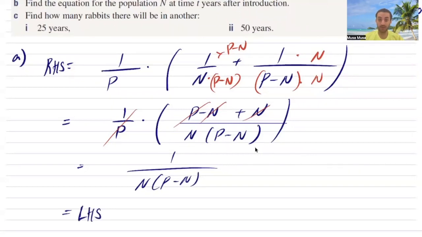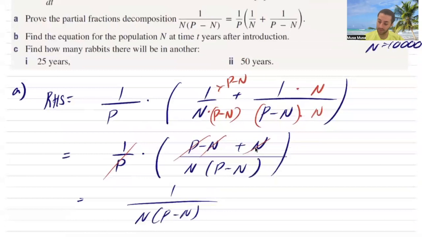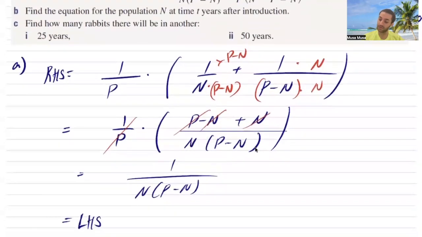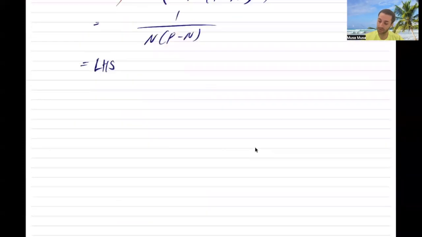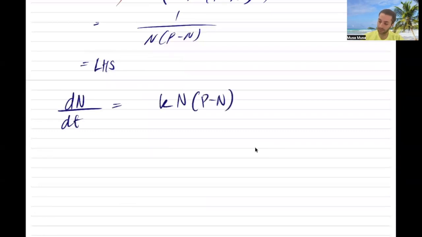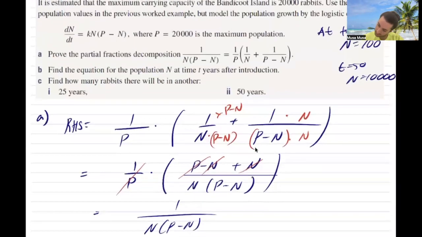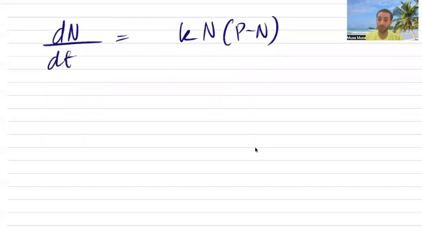Now we can use this for part B. So it says find the equation of the population after a time t after introduction. So we're going to take our equation, which is dN/dt equals kN(P − N). Let me confirm that I've written that correctly. And we'll do what we normally do.